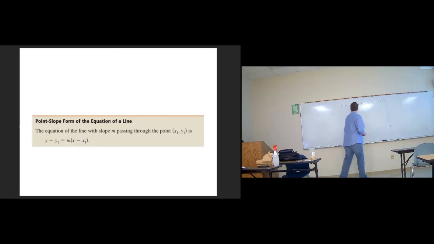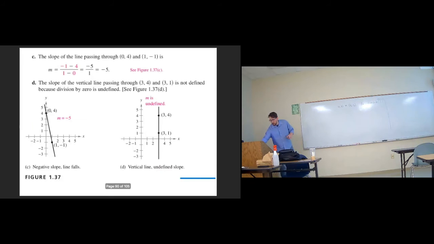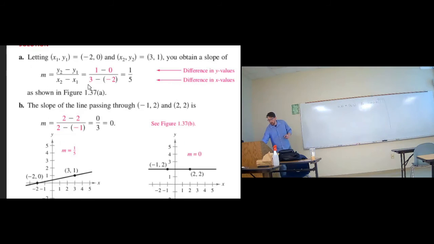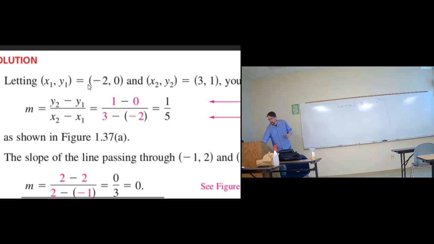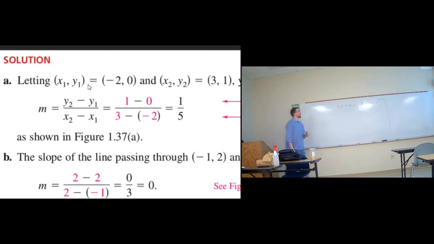So in our case, let's go back up here to example A. We have x1, y1 is equal to -2, 0, and x2, y2 is equal to 3, 1.